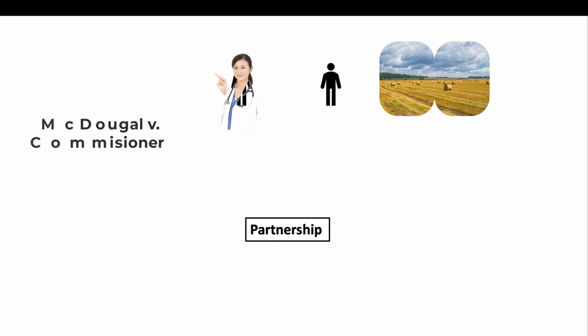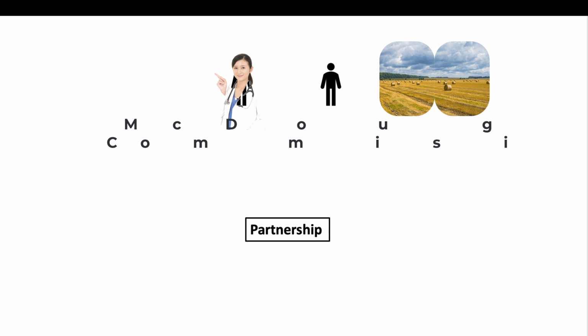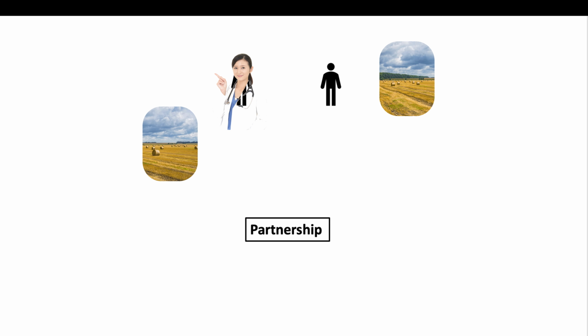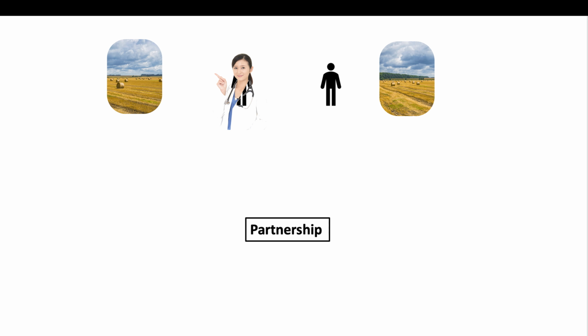A landmark court case called McDougall v. Commissioner answers that question. When a partner trades services for a capital interest in a partnership, the services partner is purchasing a percentage of the partnership assets. That means that the partners who contribute property are selling a percentage of their property.